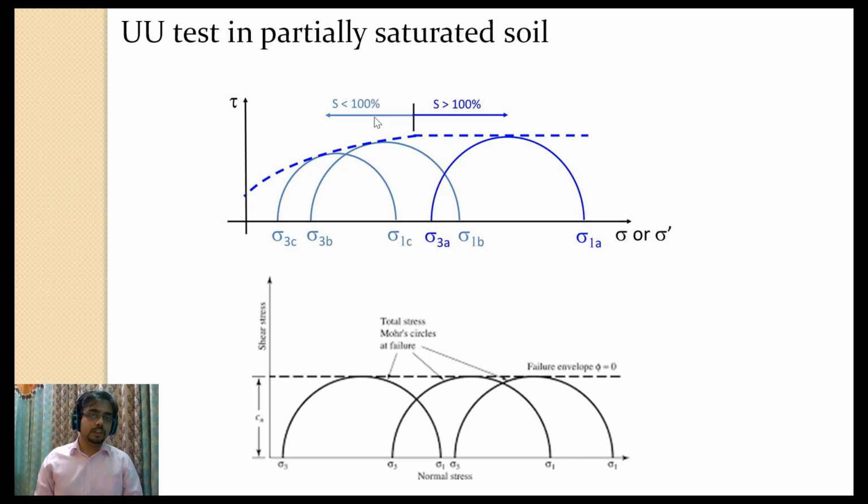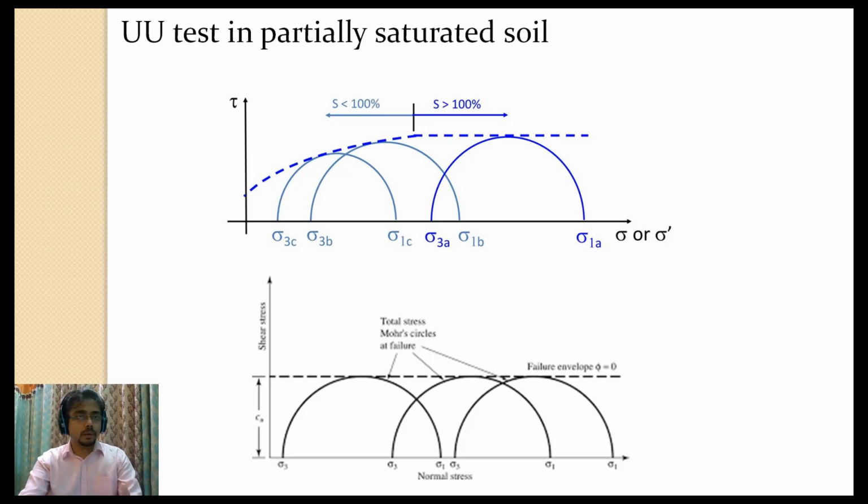So if we plot tau versus sigma for saturation level less than 100%, then it will have a curved diagram like this. We have always assumed that the failure envelope is a straight line. But in the case of the UU test for partially saturated soil, it will not be a straight line, it will be a curved line. So, two things we must remember.